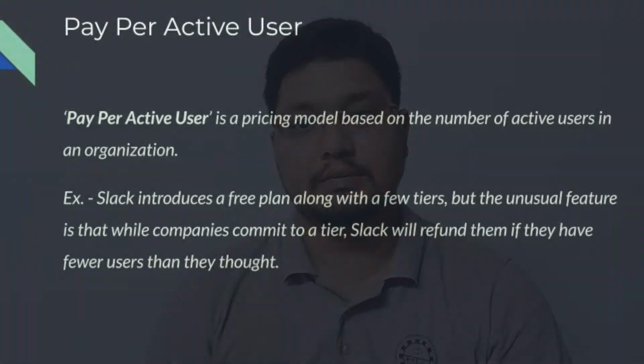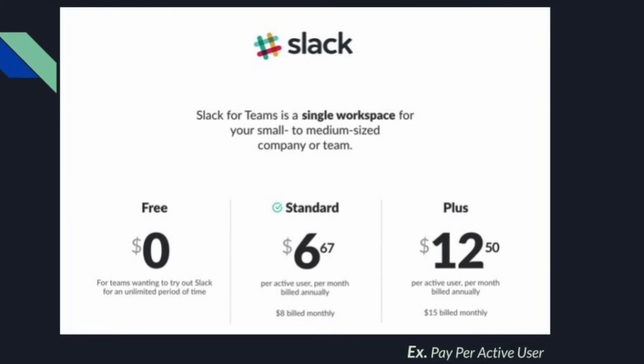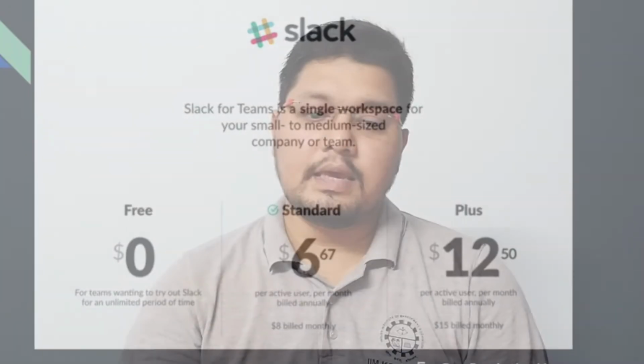While a company commits to a tier, Slack will refund them if they have fewer users than they committed to. You can see over here how the prices are designed for Slack. Slack is also using the pay per active user pricing model.